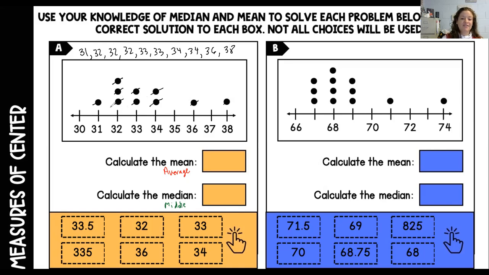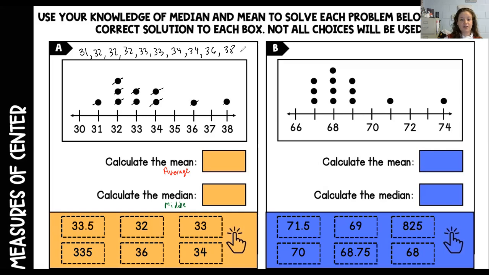So remember, in the average, we add all of these numbers together and we divide it. So I'm going to add these numbers together. I got 31 plus 32 plus 32 plus 32 plus 33 plus 33 plus 34 plus 34 plus 36 plus 38.